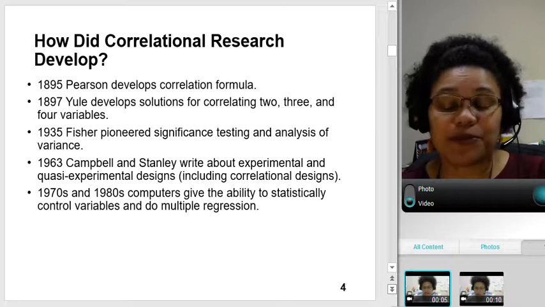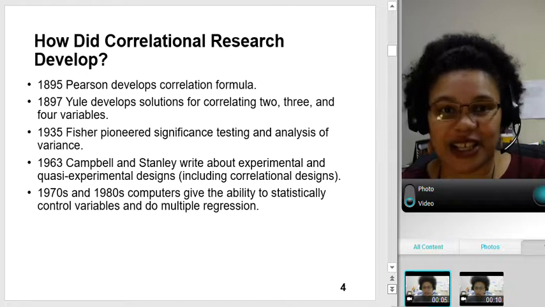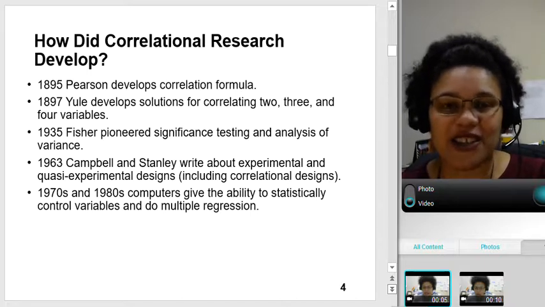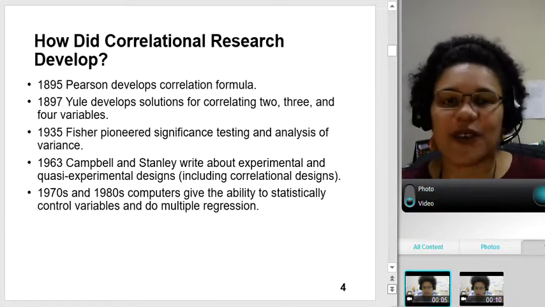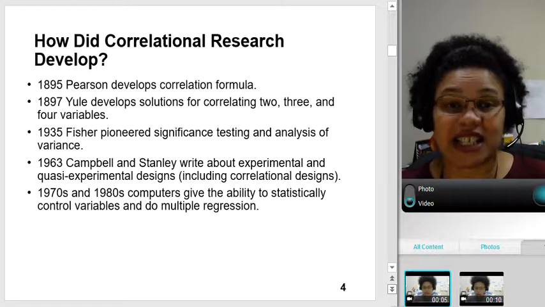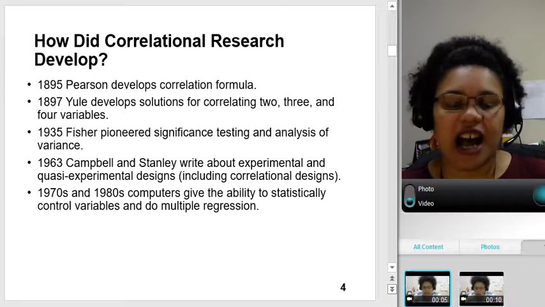Pearson developed the correlation formula. So the Pearson product moment correlation statistic is kind of the full name of the statistic that's most often used to describe correlation.